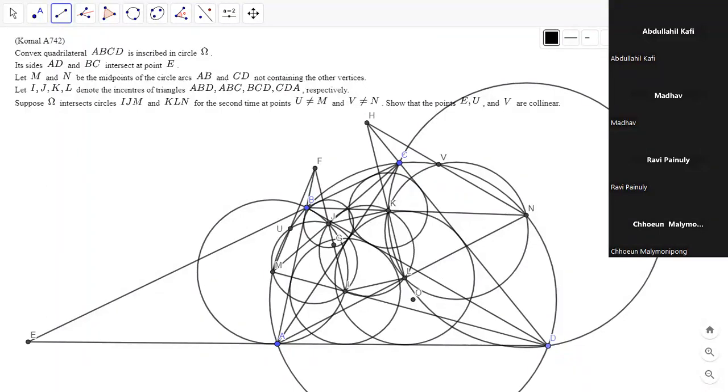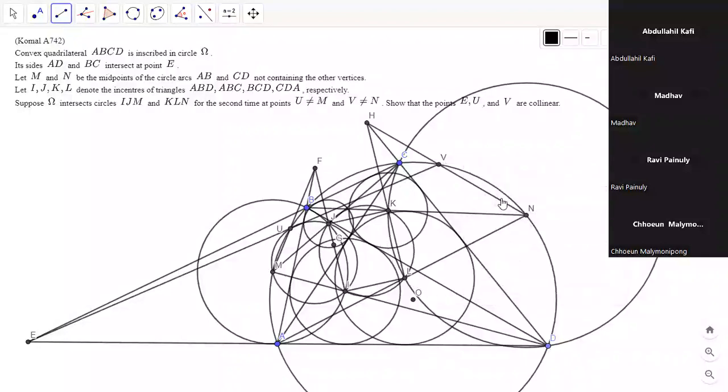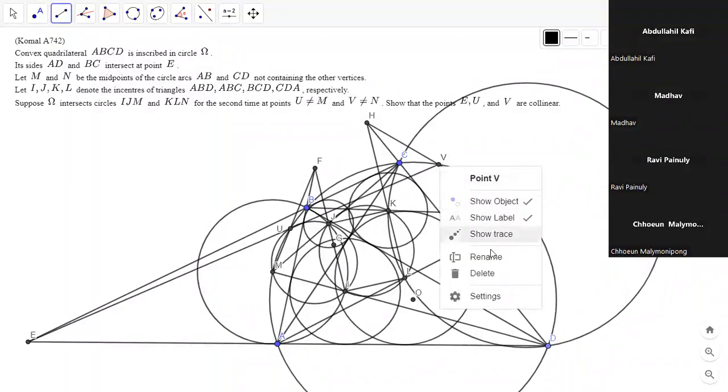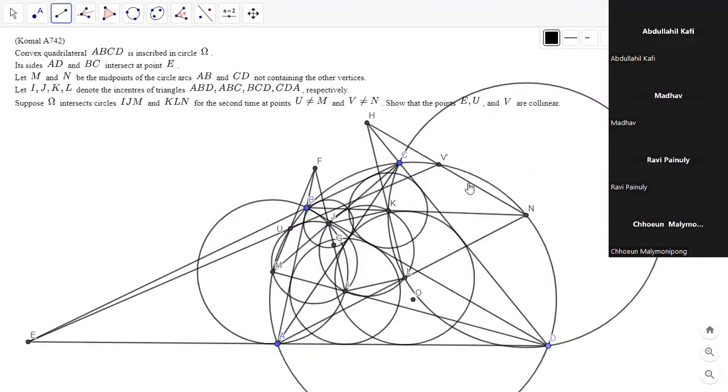Let EU cut the circle at V prime. Okay. So we hide this for now, and we call it V prime. Should I hide this? Yeah, why not? Okay.